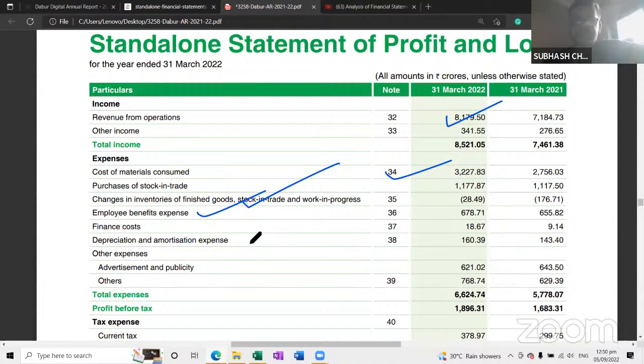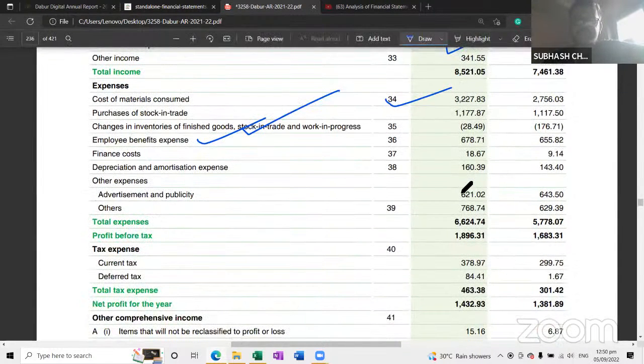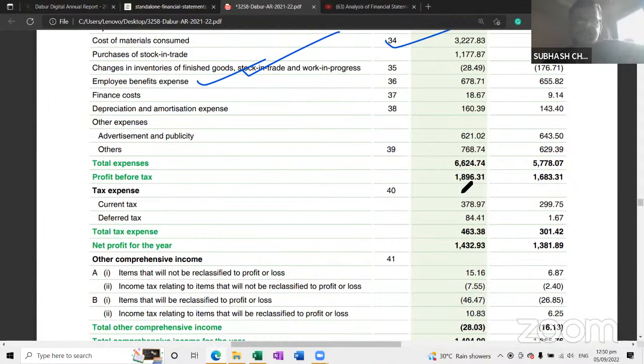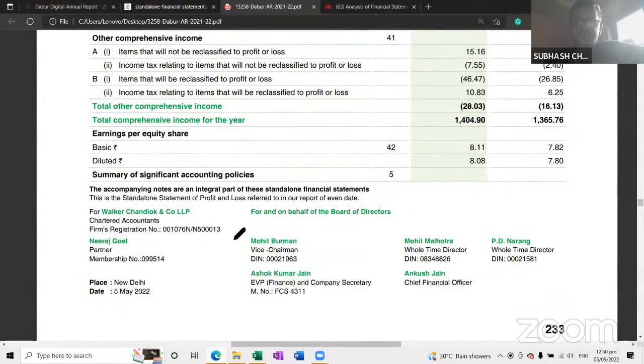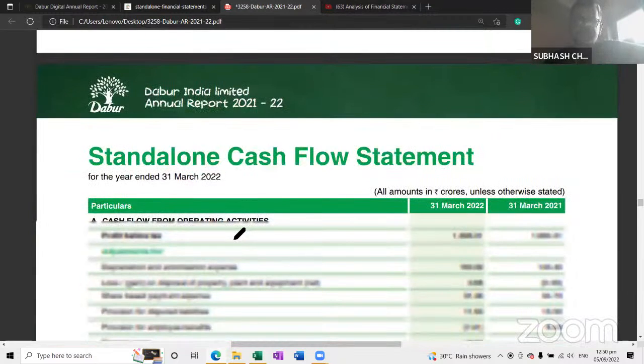So we can find how much was amortized, what the depreciation on the assets is, and advertisement expenditures, publicity, free gifts, then current tax, deferred tax, and other things given here. The earnings per share, the basic one and the diluted one, are given here. This will be helpful to us in calculating the ratios.